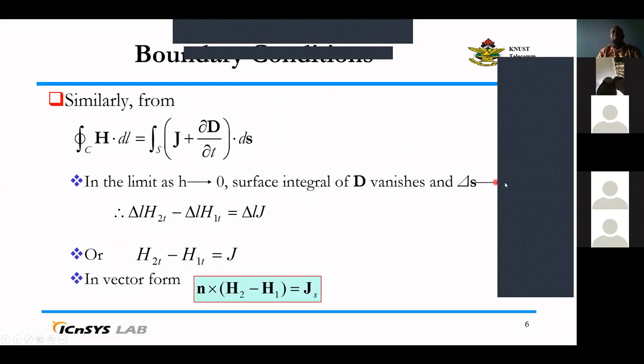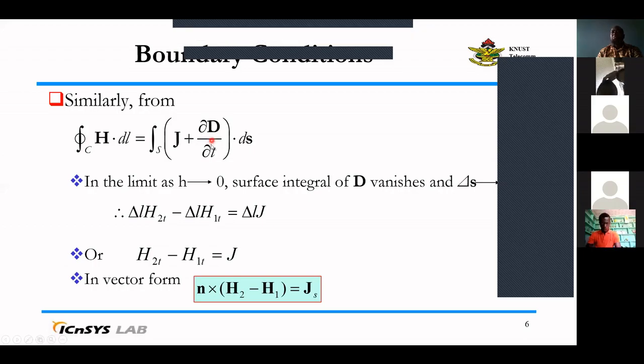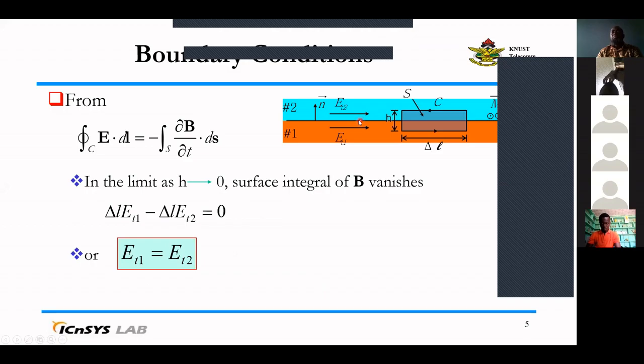Therefore, delta S now approaches what? Delta L. But the surface integral of D will vanish because there is no longer any surface as delta h approaches 0.